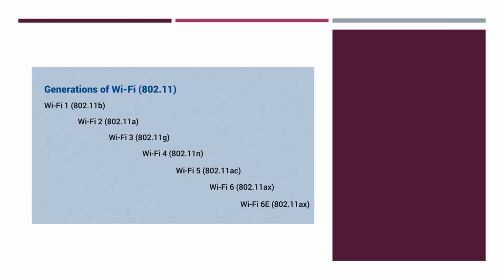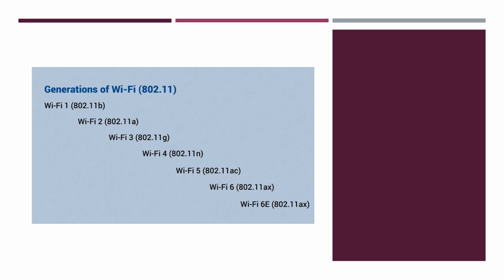Now let's see the generations of Wi-Fi. That means IEEE 802.11 standards. The first Wi-Fi, that means Wi-Fi 1, is 802.11b. Next is Wi-Fi 2, that is 802.11a.